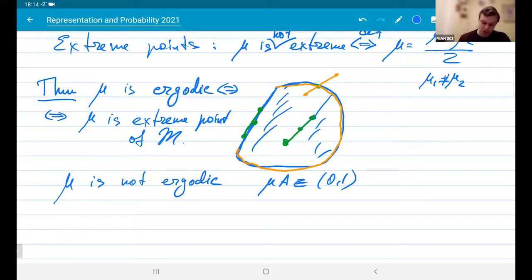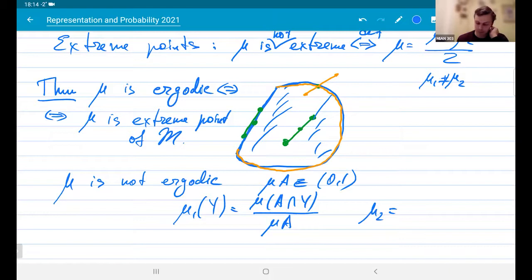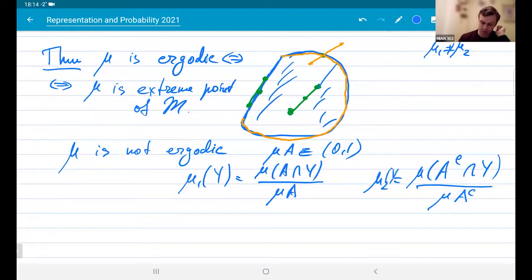So mu1 is the measure of some set Y, which is the measure of its intersection with A divided by the measure of A, and mu2 is the same for the complement. And then you can see that mu is mu(A) times mu1 plus (1 minus mu(A)) times mu2.